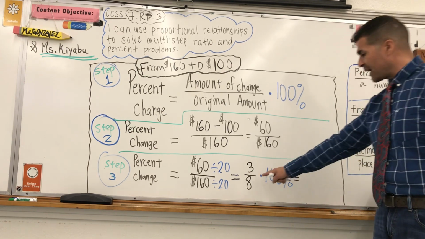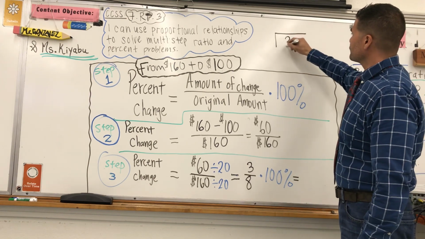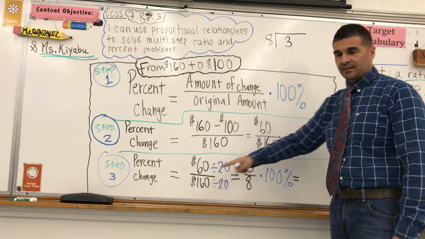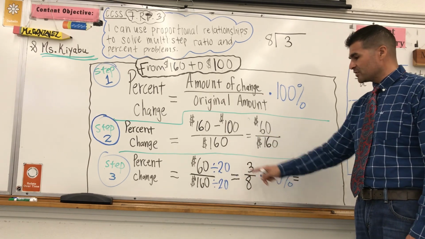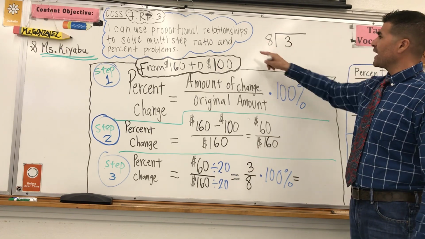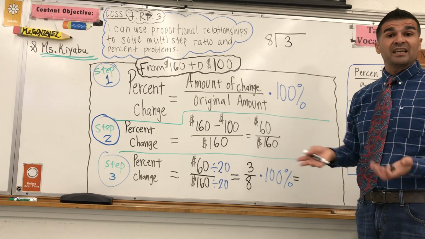Now I'm going to divide my numerator by my denominator. Don't forget, you could divide 60 by 160. I just like using smaller numbers because these two fractions are equal. These numbers are smaller, and I'm still going to get the same decimal. It's just going to make my answer a little easier to get.